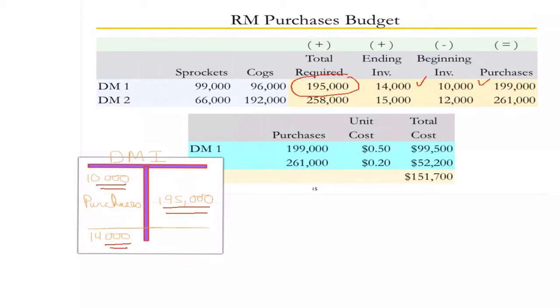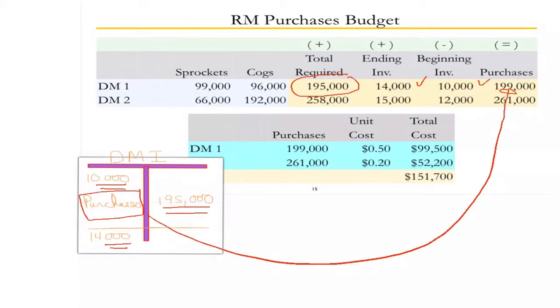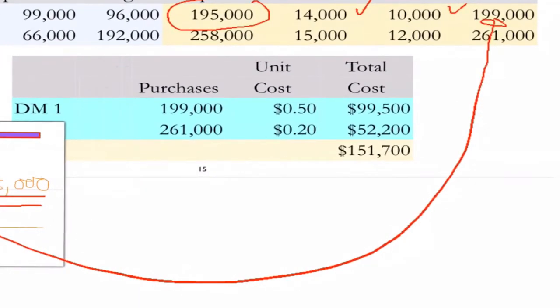Now we're ready to calculate the purchase. And what is needed then is 199,000 units in order to balance the accounts. So regarding the actual purchases, we have 199,000 units at 50 cents each, so multiply those together, and we end up with $99,500.